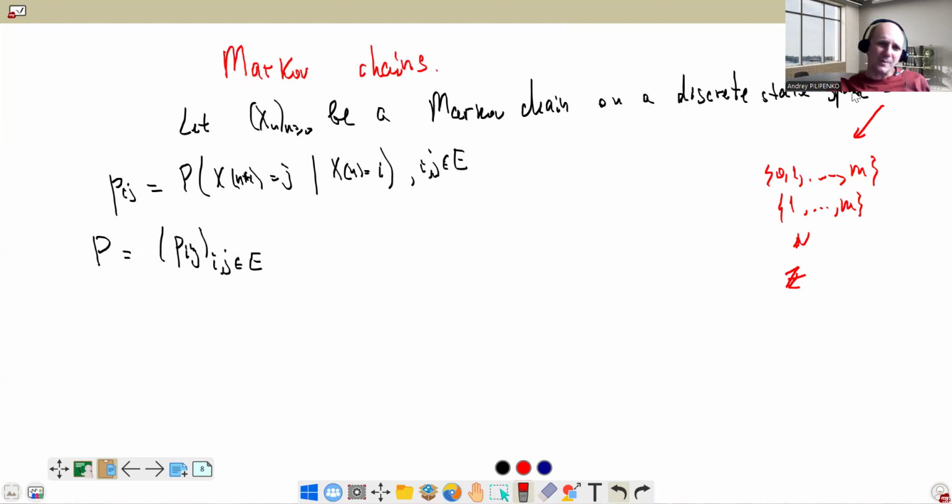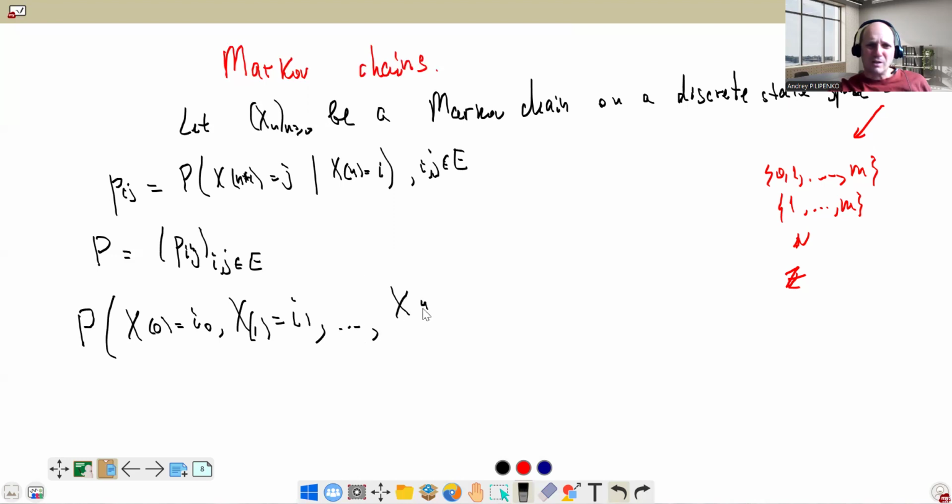So nothing extraordinary. If you have transition probabilities, then you can calculate all probabilities for a Markov chain. For example, the probability that X0 is i0, X1 is i1, and so on, Xn is in. Sorry, sometimes I will write subindex, sometimes I will use parentheses. This is just a simple exercise.